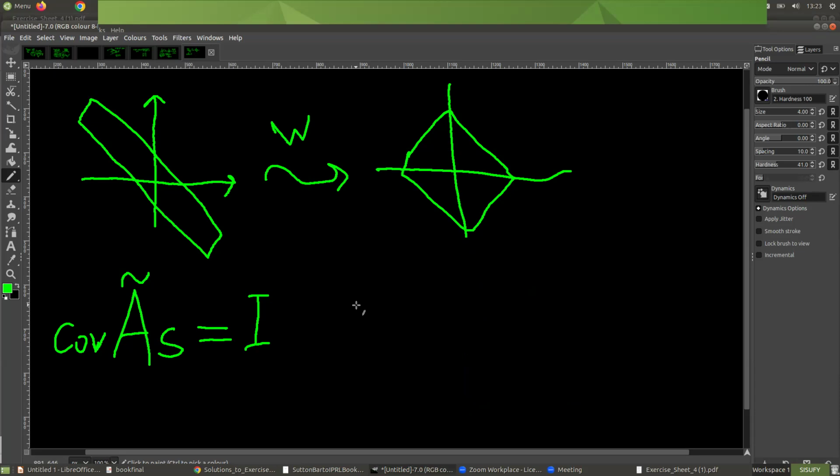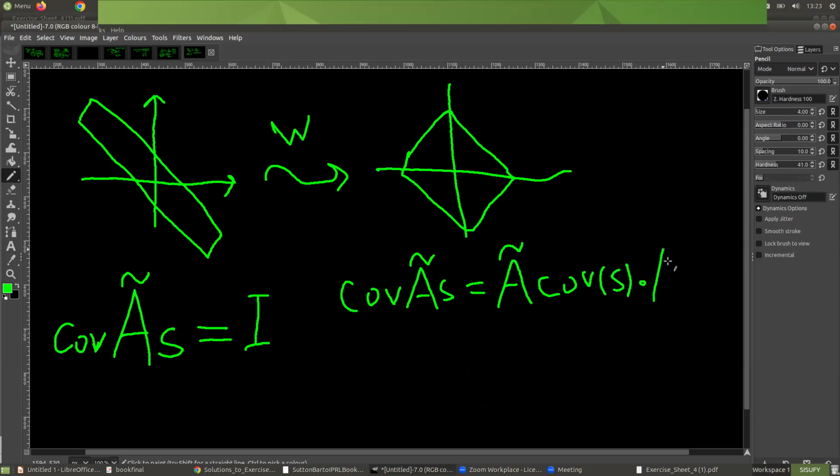The covariance behaves in a way that if I take a covariance of some matrix times some vector, it's the same thing as this matrix times covariance of S, and then times the same matrix transpose. This is just a general property of covariance, always works. But because we assume that the variance, or in this case actually, because S is just a vector, it's not covariance, it's just variance.